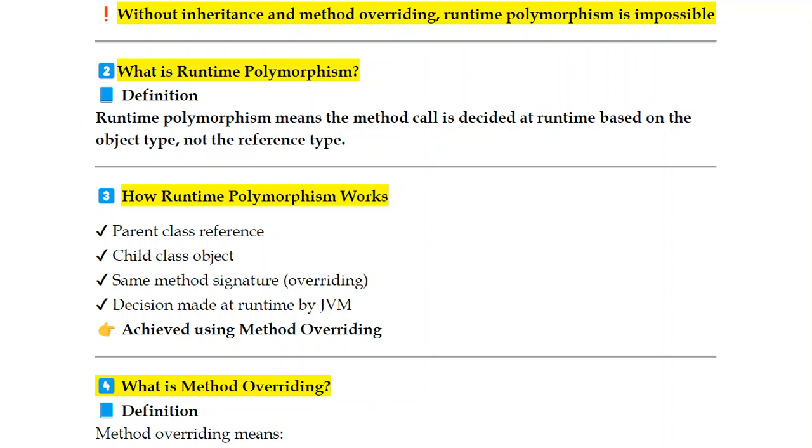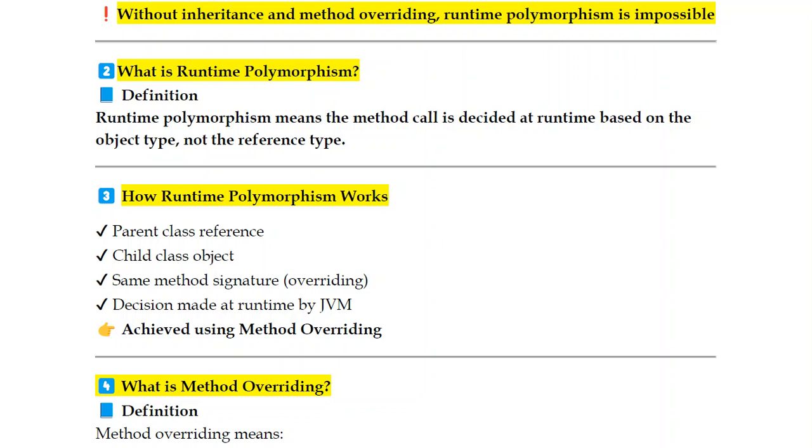So it works like this: parent class reference variable, child class object, same method signature, decision made at runtime by the JVM. Then method overriding is achieved, and runtime polymorphism is automatically achieved.